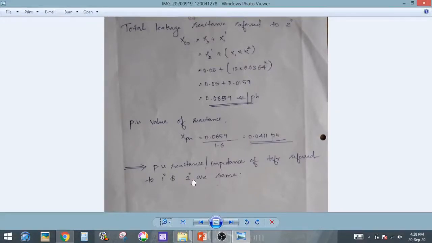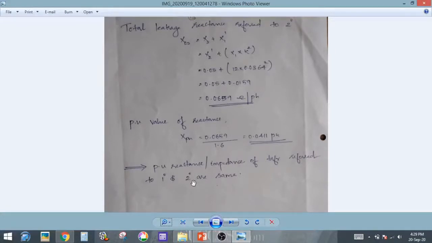On the secondary side the leakage reactance is X2, and the primary leakage reactance is transferred to the secondary side. Whenever the primary leakage reactance is transferred to the secondary side, we have to multiply its value by K square, that is X2 plus X1 into K square, 0.05 plus 12 into 0.0364 square, and we get 0.0659 ohm per phase. The per unit value of reactance is 0.0659 divided by 1.6, which is equal to 0.041 per unit.